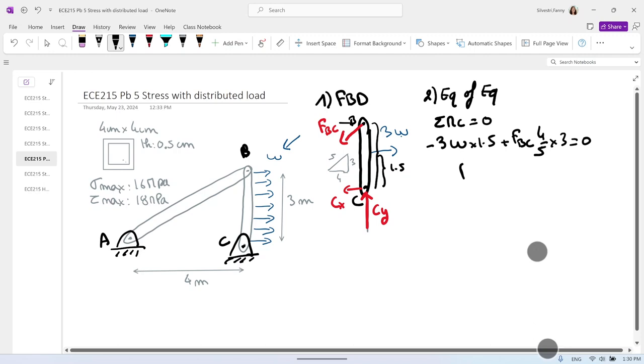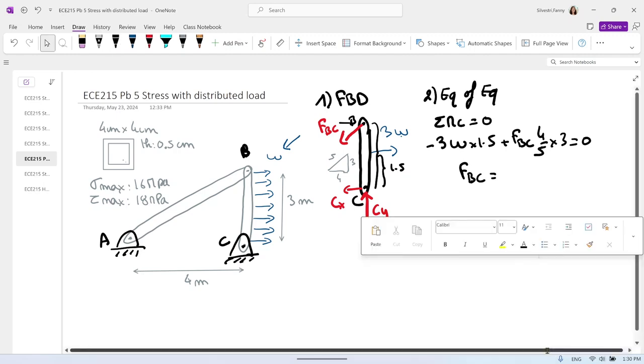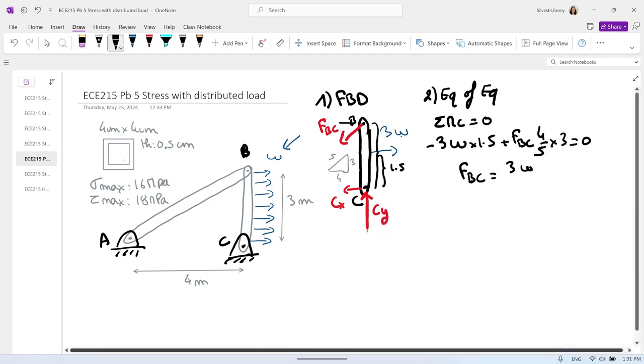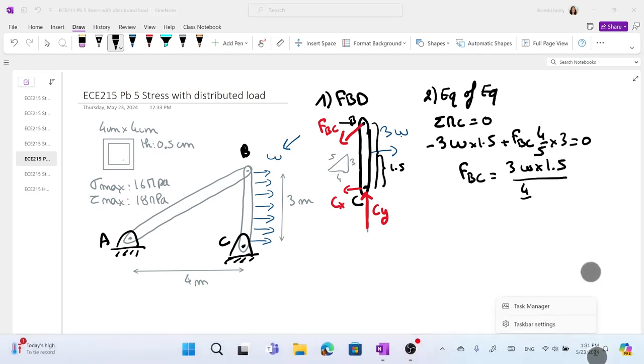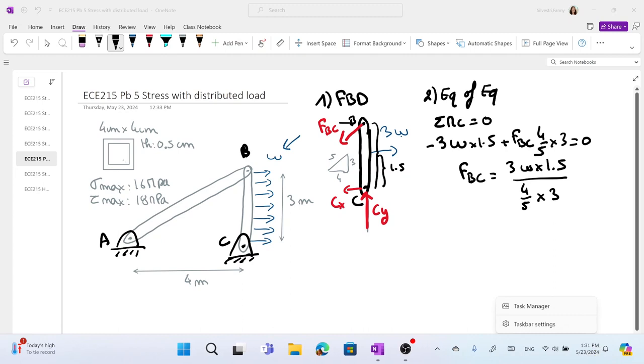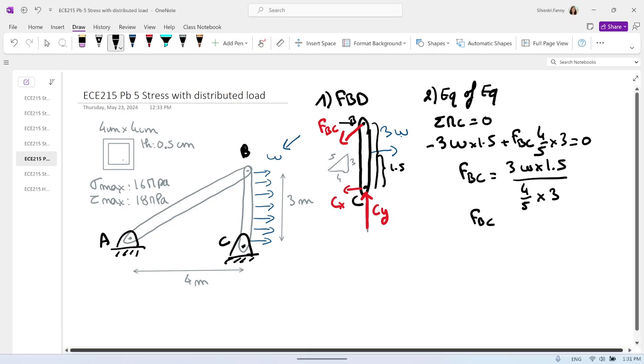So we have FBC equal 3W times 1.5 divided by 4 divided by 5 times 3. Okay, so FBC equals, we can remove the 3 and the 3. The 5 can go on the top, so 5 times 1.5, that will be 7.5 over 4, or we can also write this as 15/8.